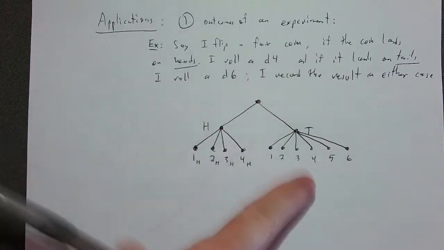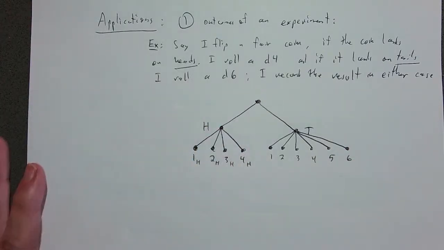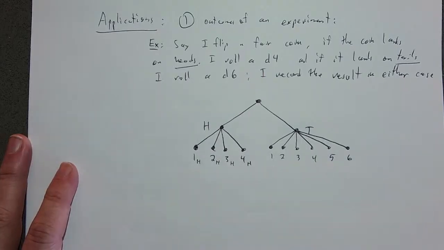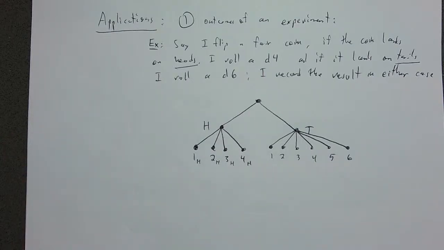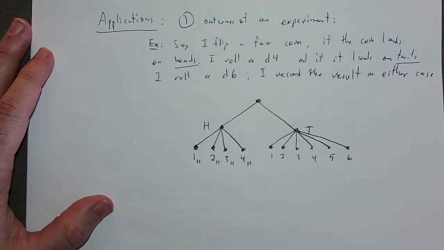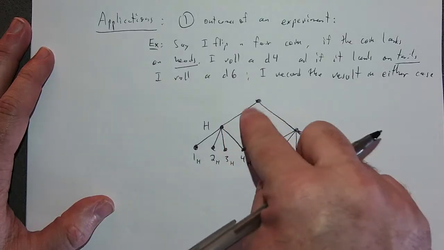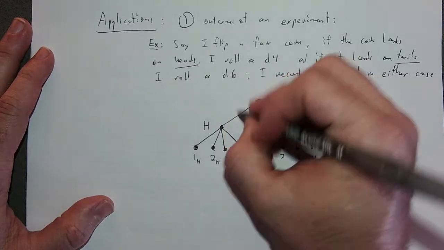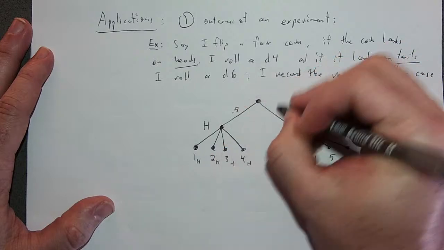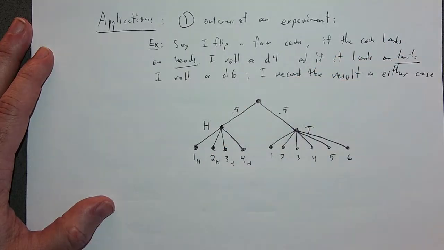Okay, so starting here and then traversing this structure, I end at one of these outcomes down here. If we're interested in answering some probability questions, I could even write some probabilities on edges here, and say it's a fair coin, so these are both 0.5.